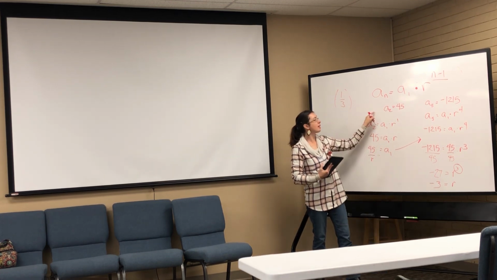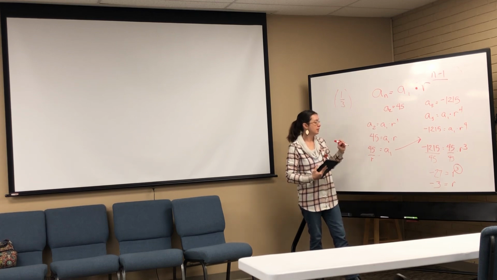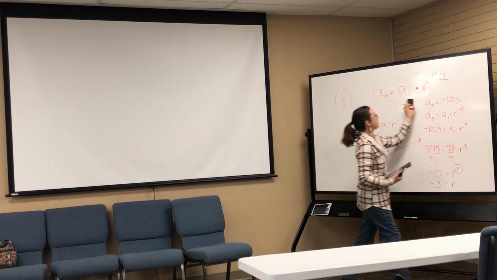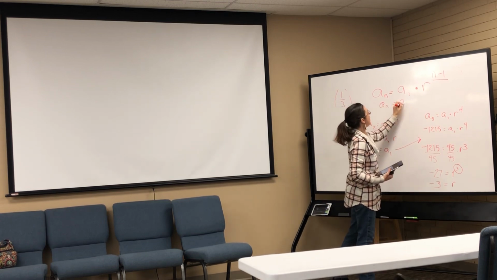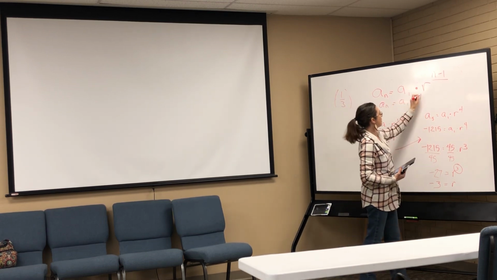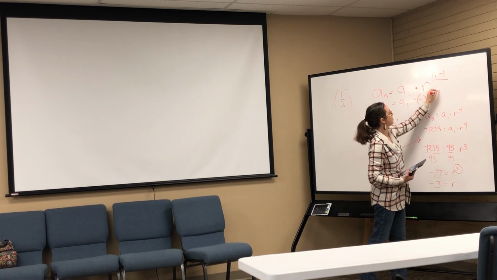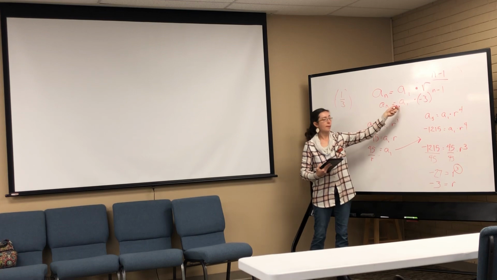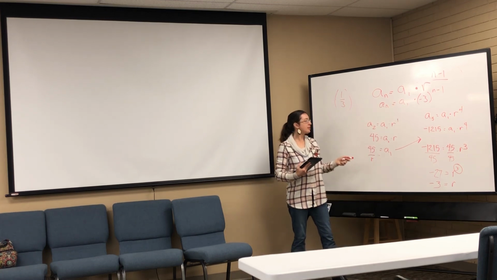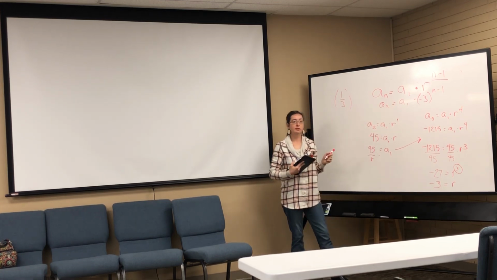Okay? So do we have everything that we need to write this out now? What do we now know? A sub n is equal to a1 times, up here's my negative 3 to the n minus 1. What are we still missing? Okay, did we have something where we solved for a sub 1?